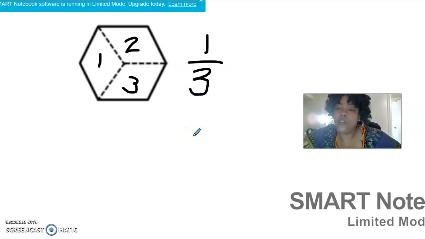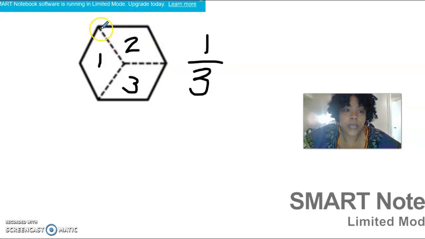But now I also want to identify the name of each shape for each part. It looks like my 3 parts are not only equal, but they're also the same shape.